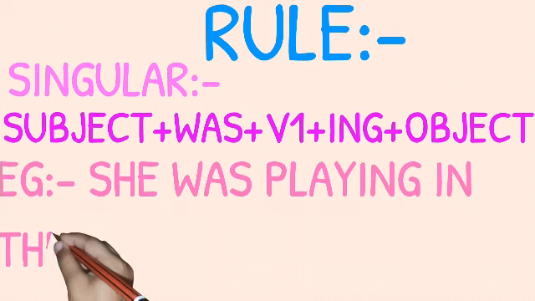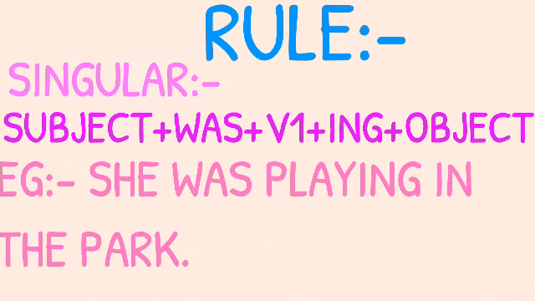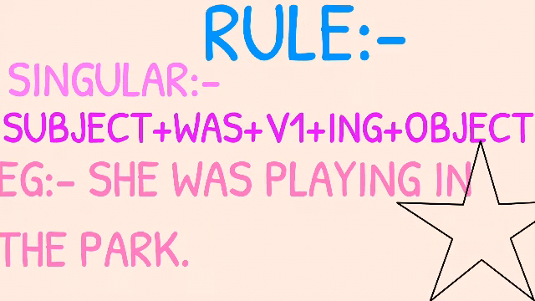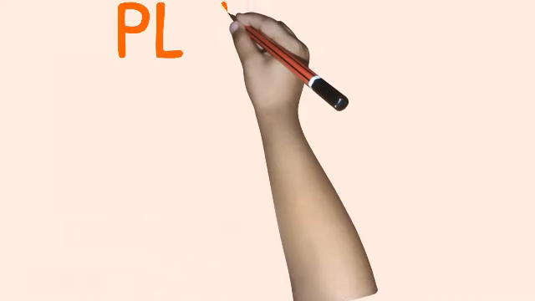Not he is playing, but he was playing in the park in the past. If I had used is, it would denote present tense. Now, looking at the rule for the plural, instead of was, we will be using were in this case.